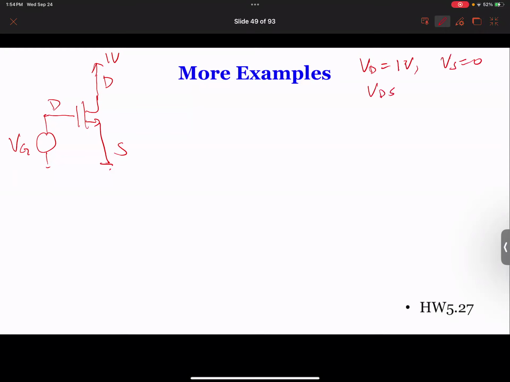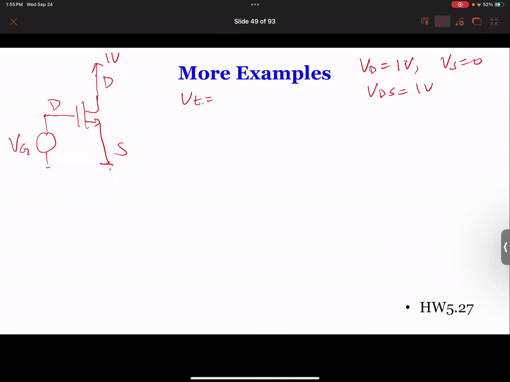So you can say that VDS is 1 volt. That is given. What was not given was VG, which is given a range.